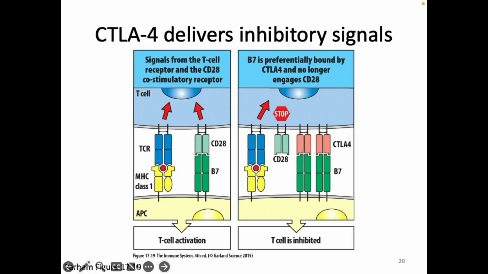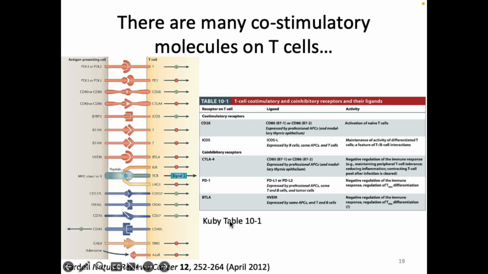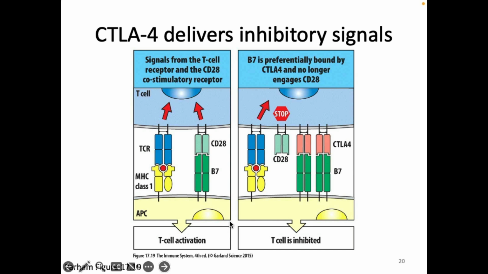And here you can see the details with CTLA4. If we have our naive T cell, which you can see right here, the T cell receptor is binding to MHC.